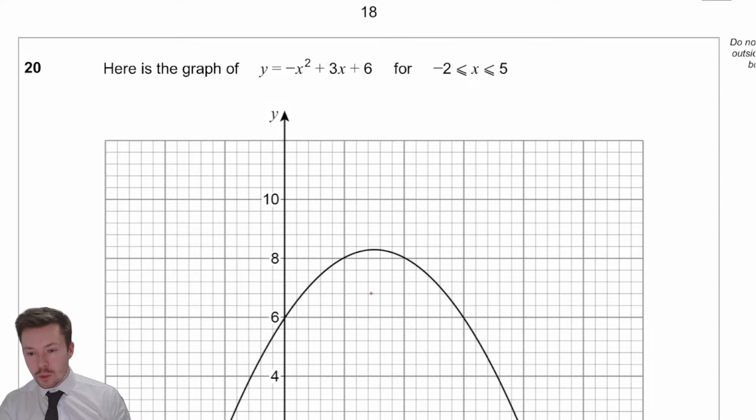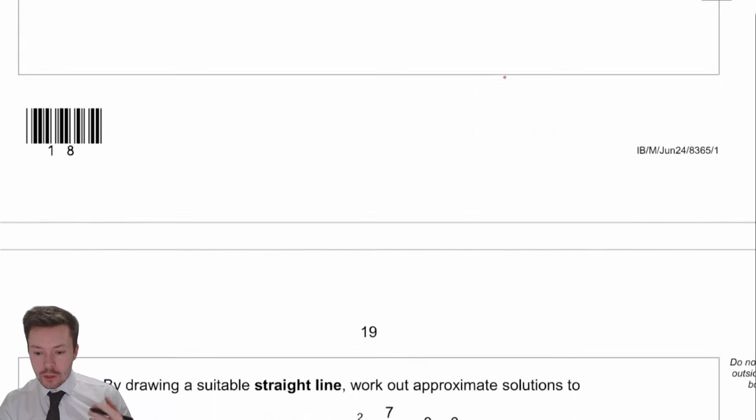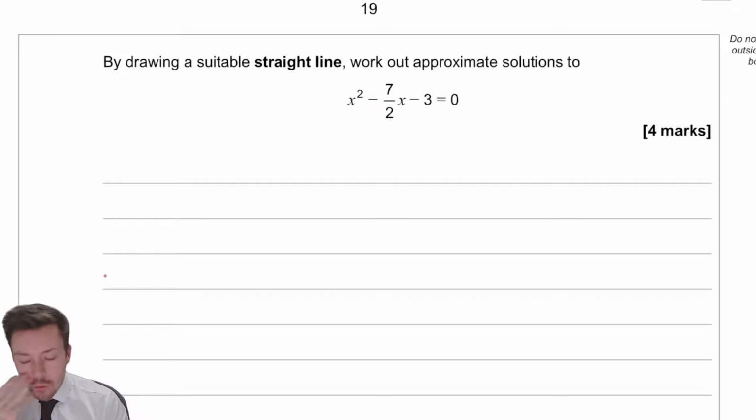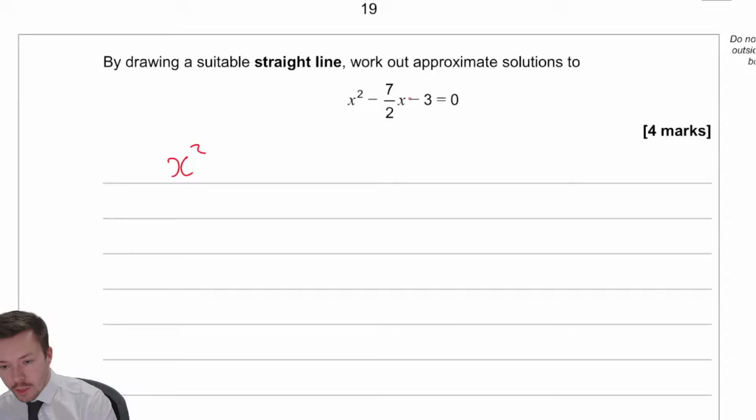Now, for this question, we've got a graph of y equals minus x squared plus 3x plus 6 from minus 2 to 5. So if we go down, the actual question is this: by drawing a suitable straight line, work out approximate solutions to this. Now, what we want to do is we want where, obviously, this is equal to 0.